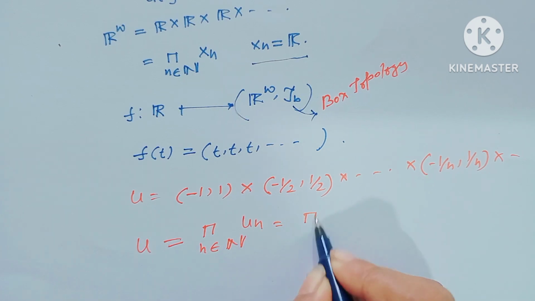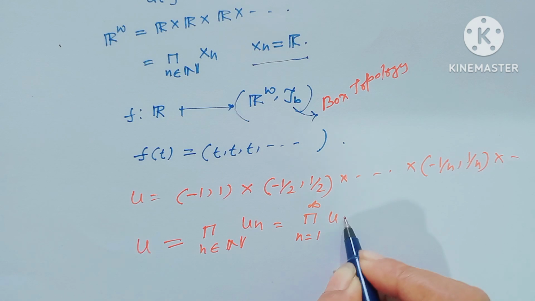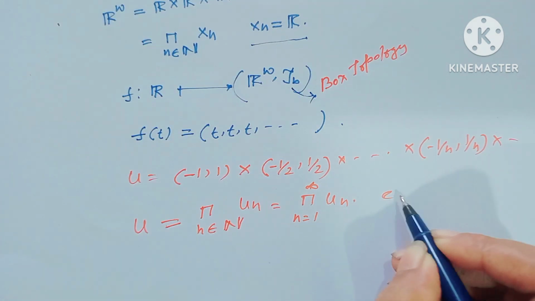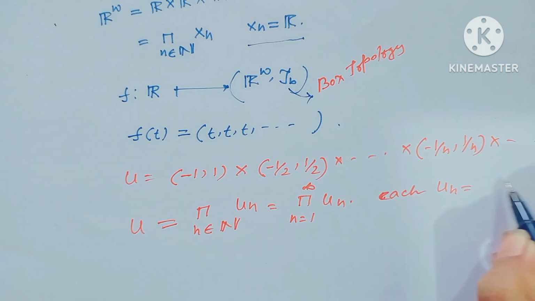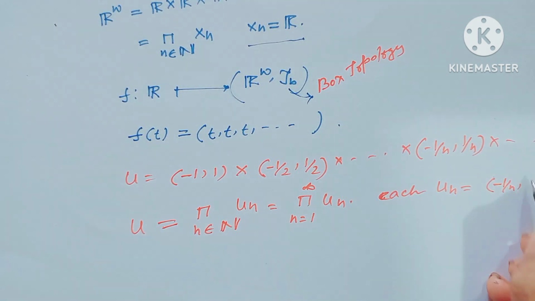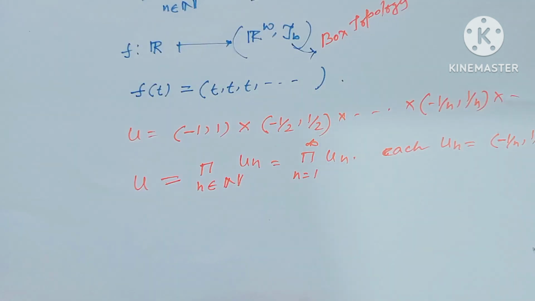That means this equals the product over n from 1 to infinity of Un, where each Un equals (−1/n, 1/n).